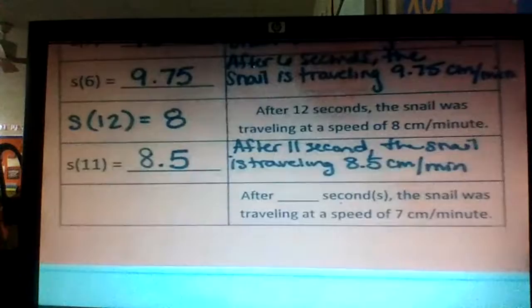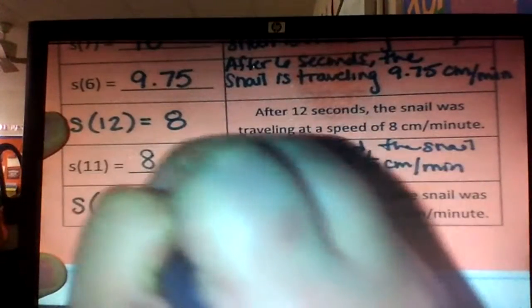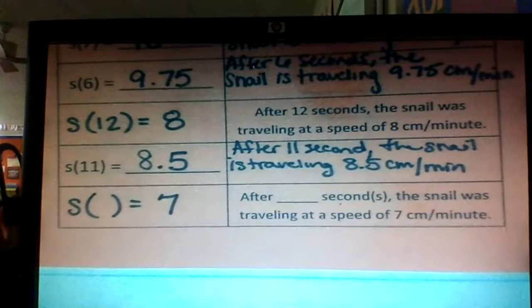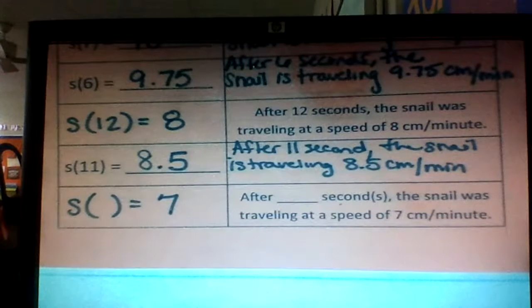Okay, so they basically started us out with this. We've got S of we don't know should equal 7. Okay, that's what they told us. They said the speed of the snail should be 7 centimeters per minute. So they want to know what's the time on that. So you are given your y this time instead of your x.